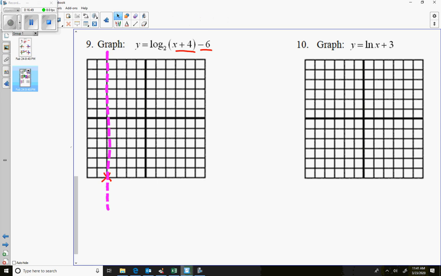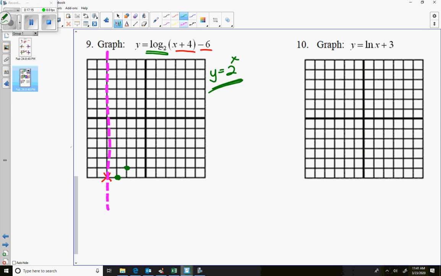Okay, now it is a log base 2 graph. So let's start with that one in my head. Whereas the exponential goes through 0, 1, my log graph is 1, 0. Whereas the exponential would now be 1, 2, the log graph is going to be 2, 1.